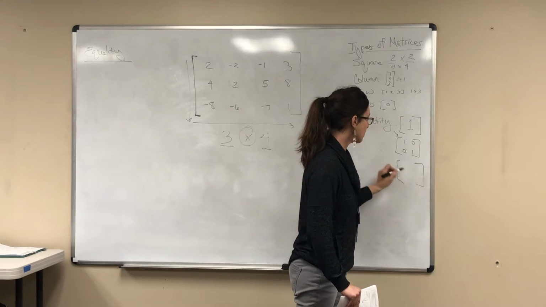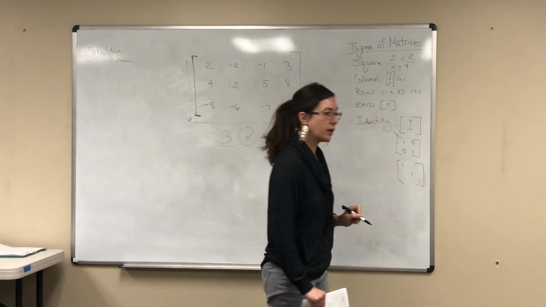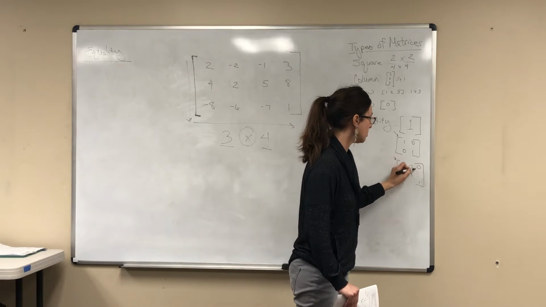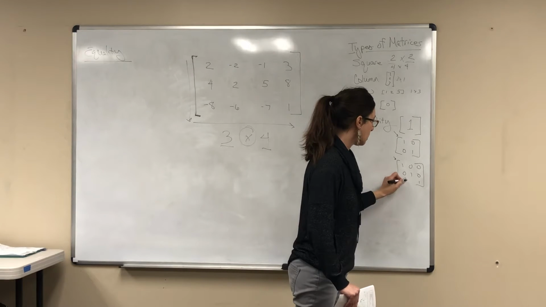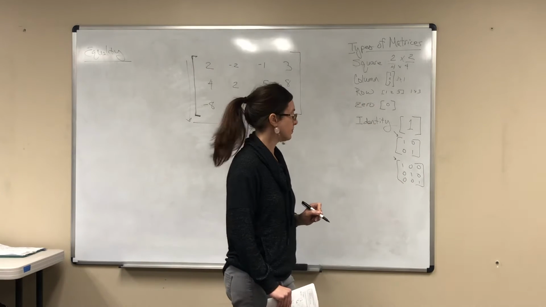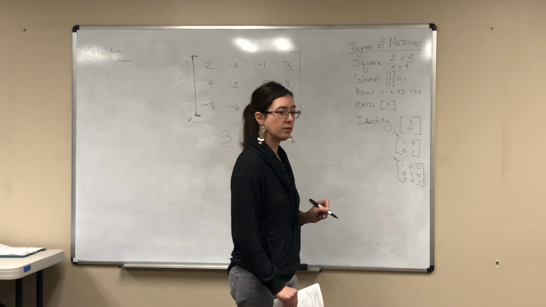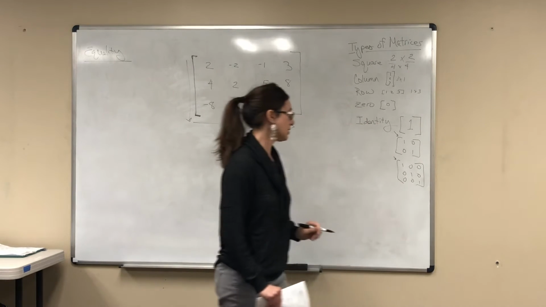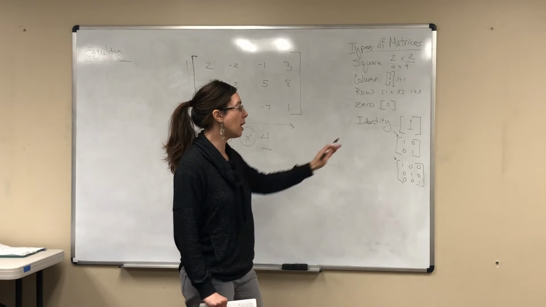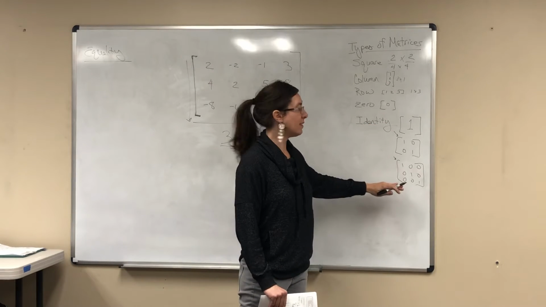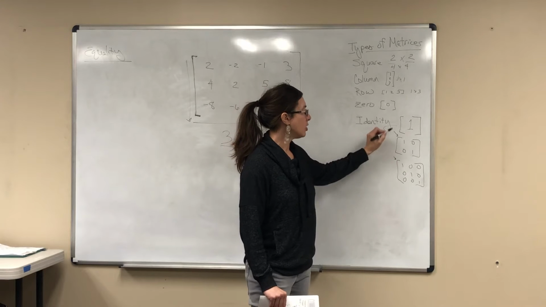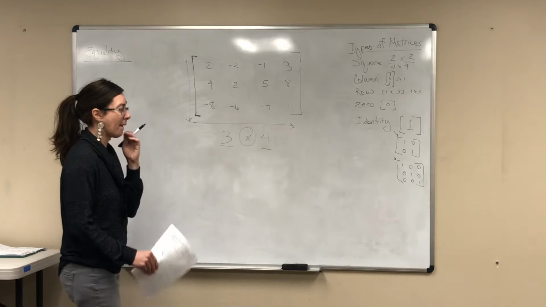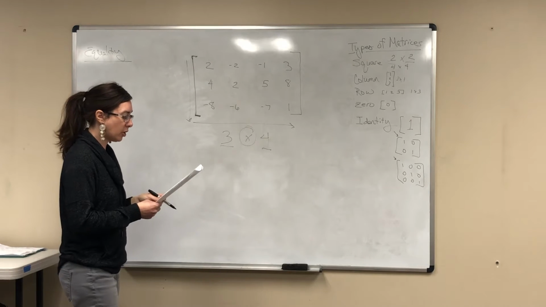If it's a 3 by 3, you'll have ones along that first diagonal, and then zeros everywhere else. You can figure out 4 by 4. These are identity matrices. It does not matter the size or the dimensions, you will have ones along the first diagonal. Those are the different ones that you're going to need to know.